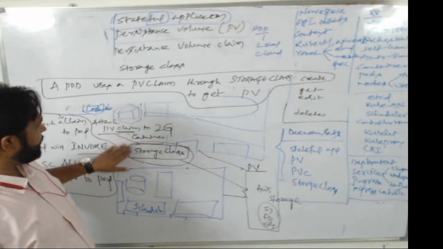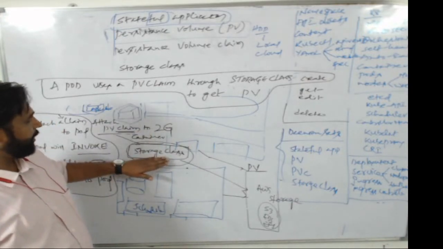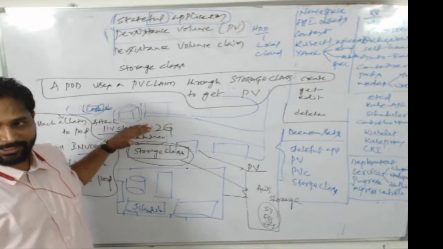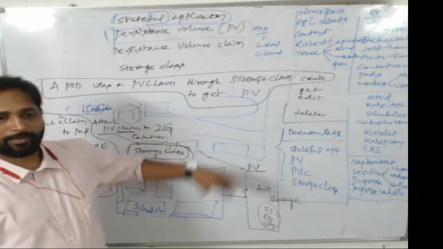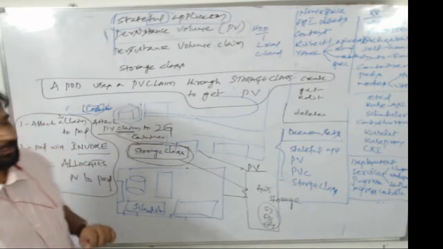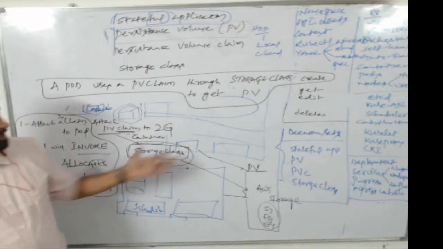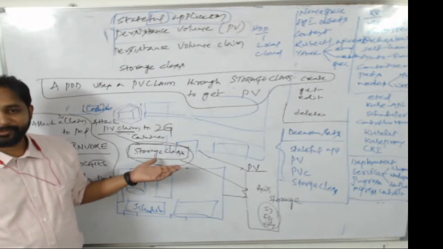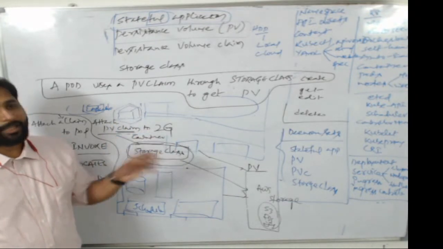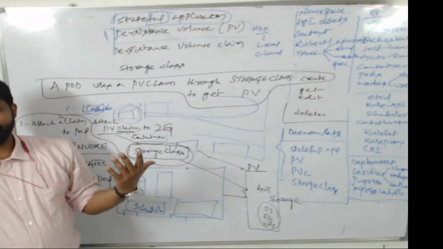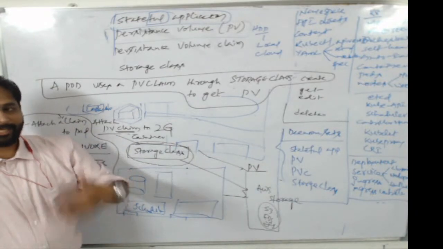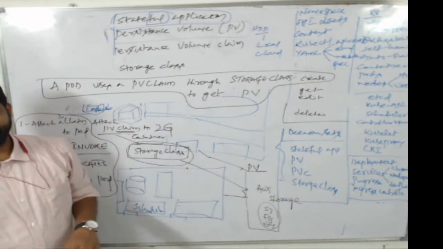If any pod needs storage, it has to have a persistence volume claim. Whether it's local or cloud, it doesn't really matter. That's how the abstraction is. The pods do not really know anything about how the storage is. They don't want to know. All that they know is, I have a claim, get me the claim. It could be local storage or cloud storage.